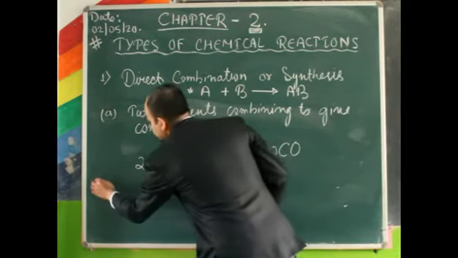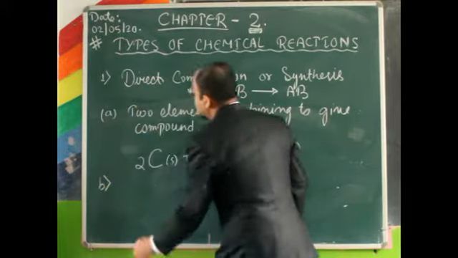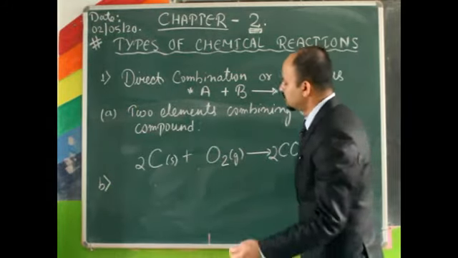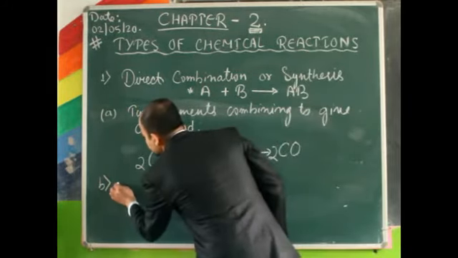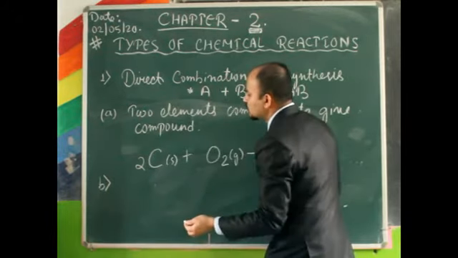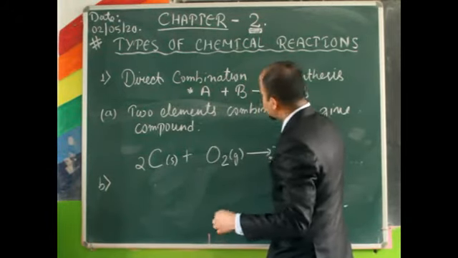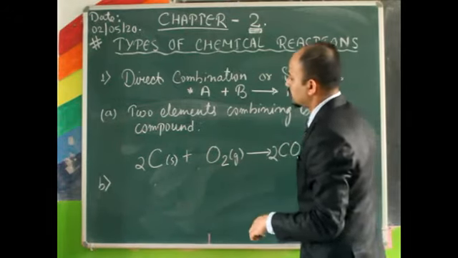The second type under direct combination could be a combination of one element and one compound.